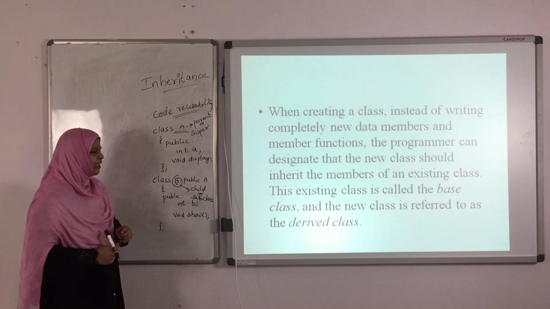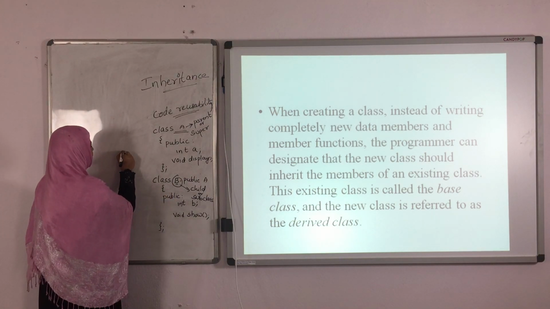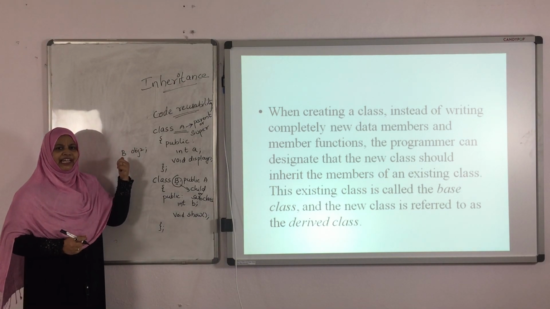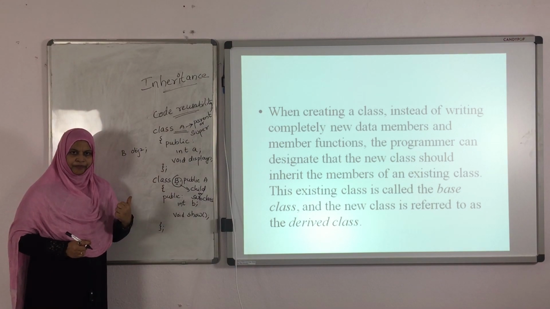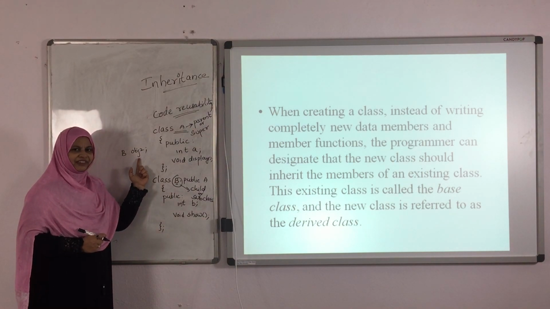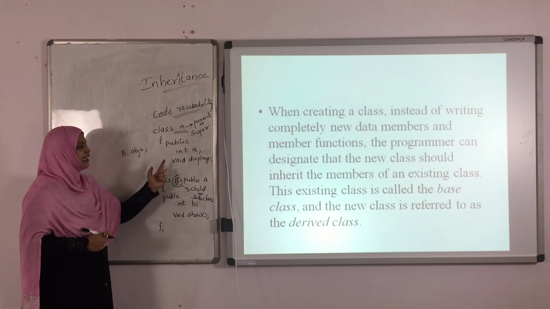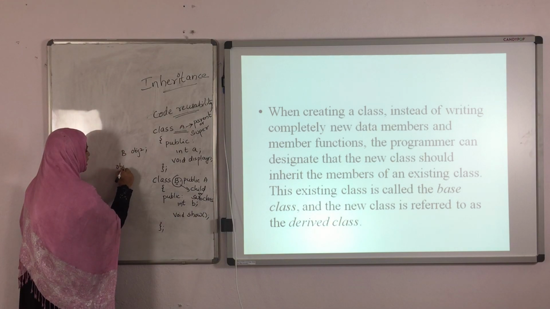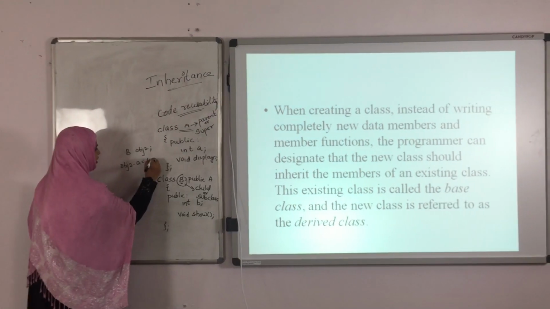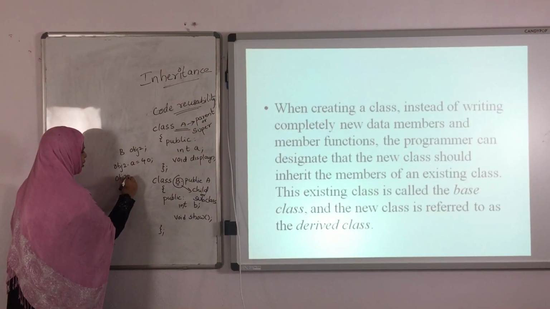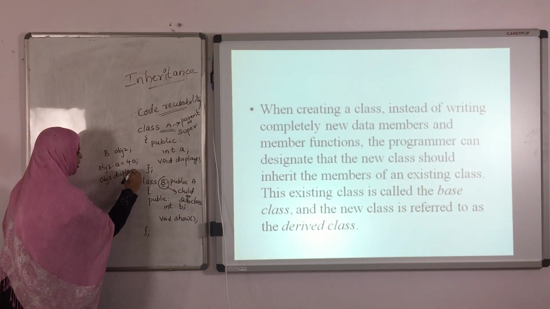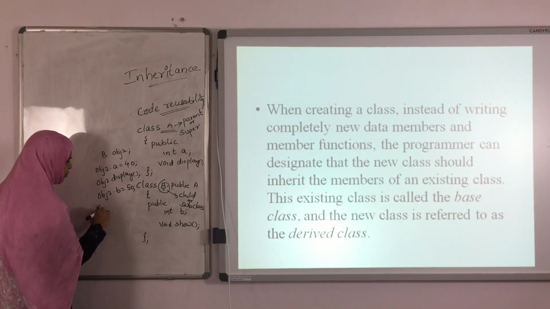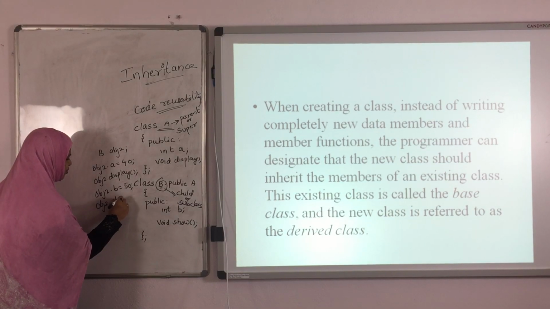Now I am going to create one object for this class B, obj2. By using the object of class B, I can access the data members and member functions of its superclass. Here obj2.a, obj2.display, obj2.b, obj2.show.